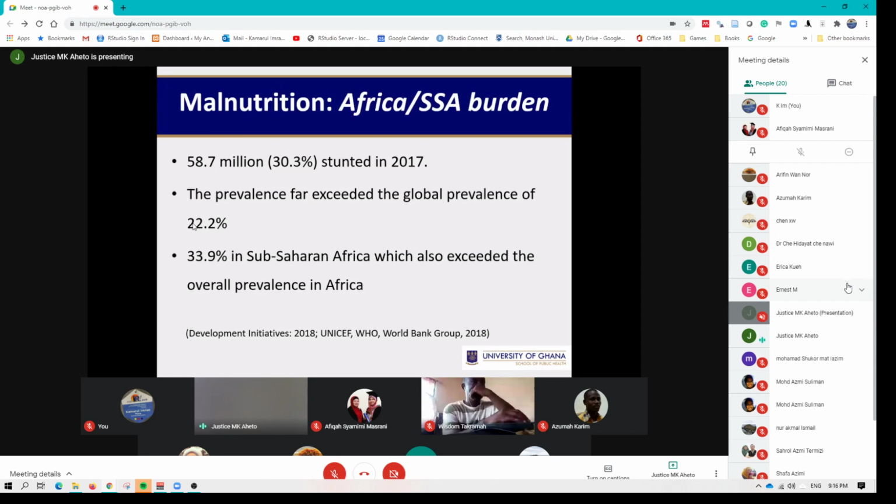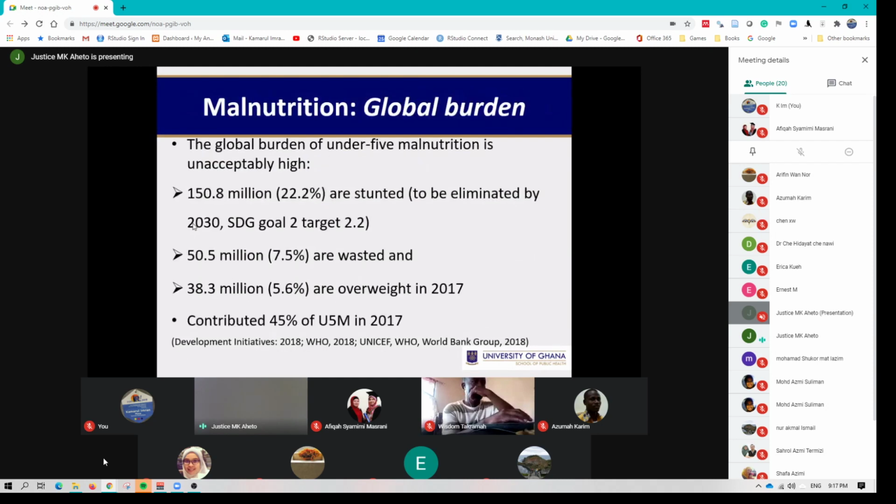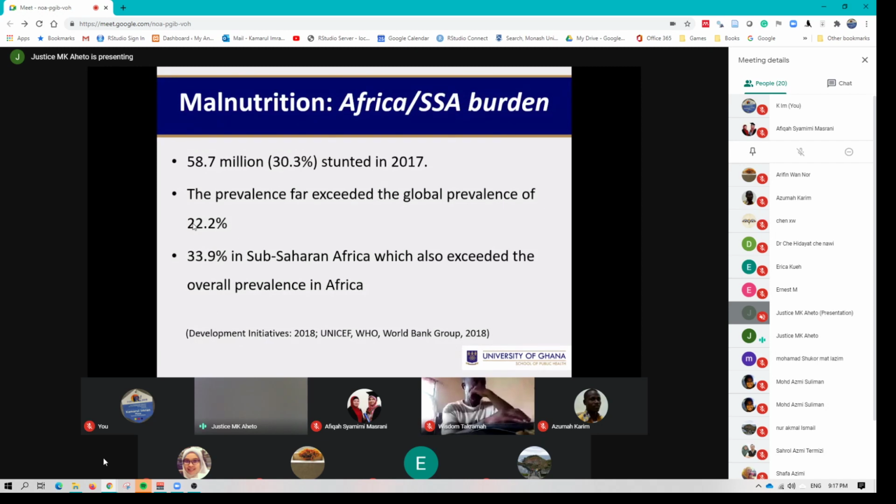So what it means is that the stunting prevalence is very high in sub-Saharan Africa, where Ghana happens to be one of the countries. Okay. If you look at the figures I presented earlier, it is very clear that stunting is the one that is the highest. So the current study will focus on stunting. That is why in the next slide, you realize that I was talking more about the stunting.